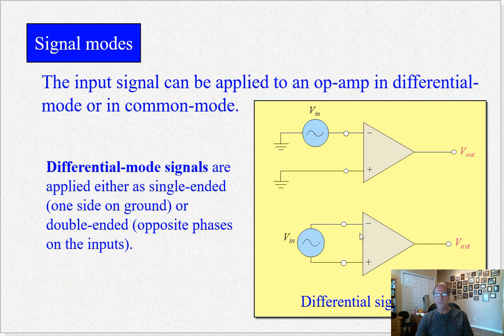This differential mode has the advantage of being more immune to noise. Why is that? Because noise normally affects both terminals equally. And remember, the op amp amplifies the difference between those terminals. Therefore the noise, since it occurs across both inputs at the same time, doesn't appear in the output.